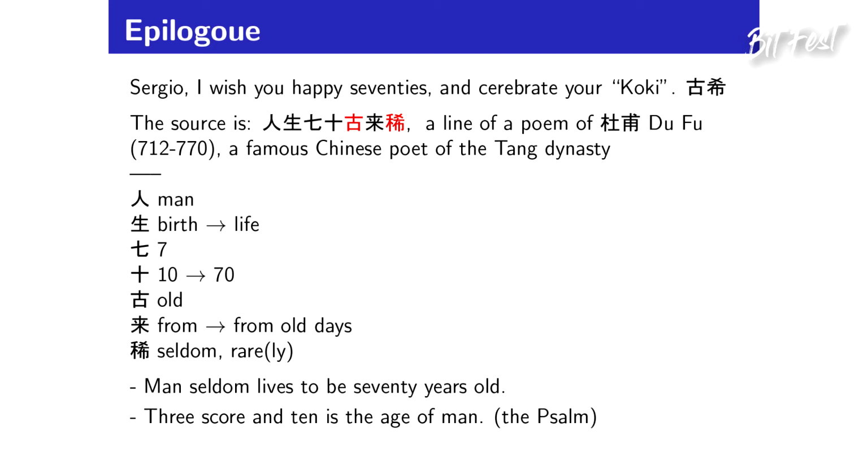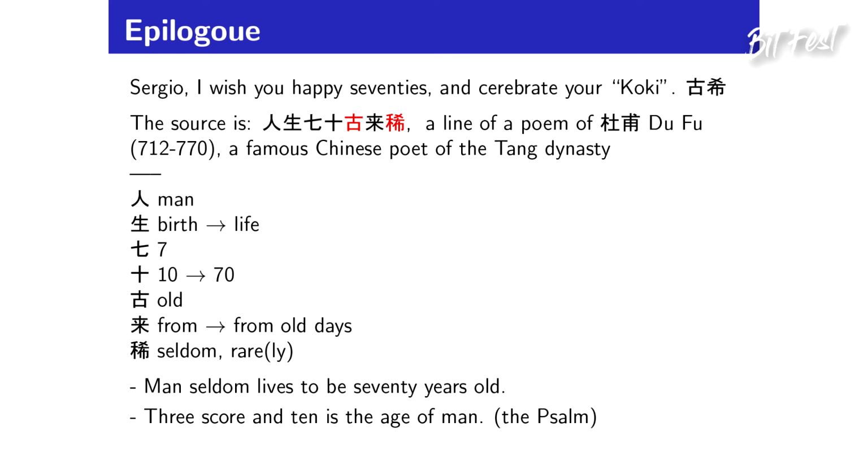Here, this is written in a horizontal way, but actually we write in this vertical way. This looks like lambda, but this is a man, standing probably in this way. And this means life, or birth, or alive, something like that. Put together, this is life. And this is 7, just 7, a Chinese character. This is 10.